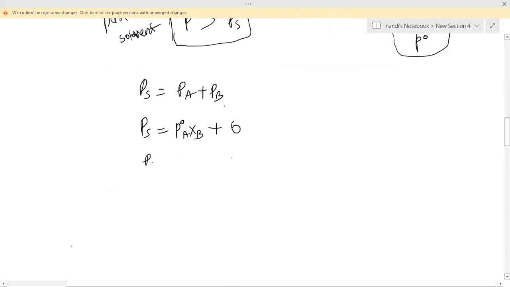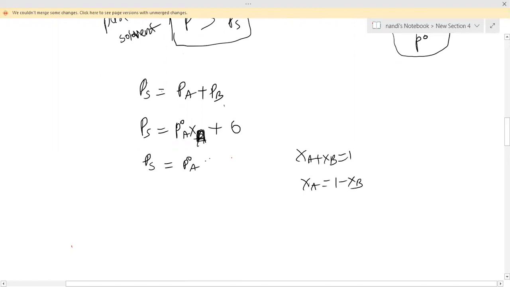Now we can write PS equals P naught A XA. XA plus XB equals 1, you know very well, so XA equals 1 minus XB.